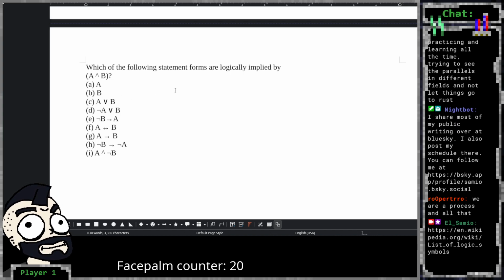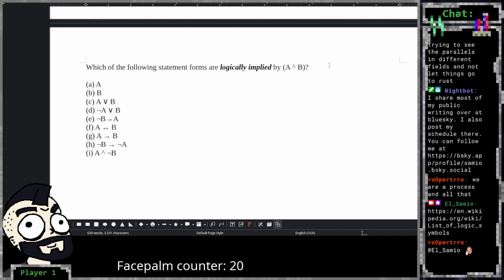the exercise is asking something very curious. What does it mean for something to be logically implied by? The formal definition is that logical implication is that every truth assignment that gives the preceding formula true also gives the logically implied formula true.